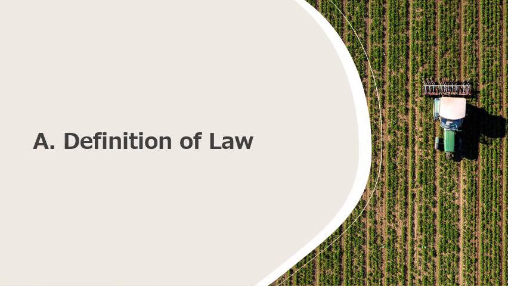Let us begin by trying to define law. As a matter of fact, we can find many definitions of law, and legal scholars are not all unanimous on how to define law. We cannot find a definition that is considered the correct one by all legal scholars.